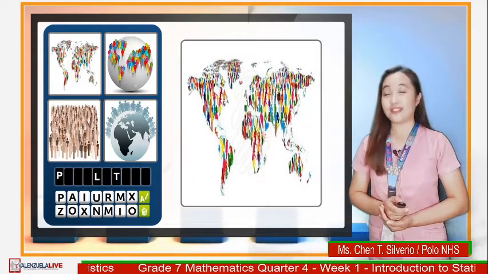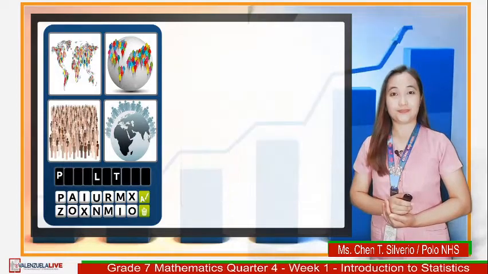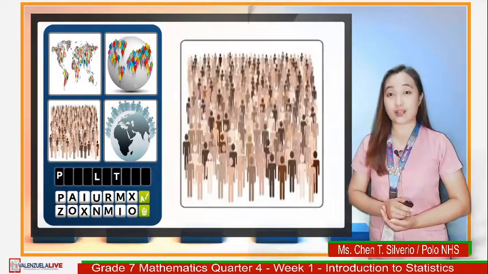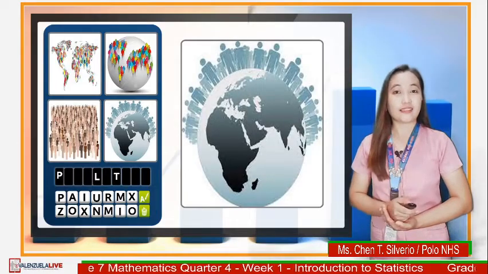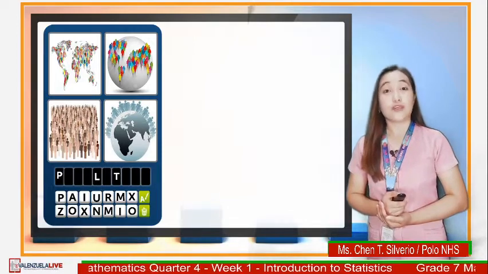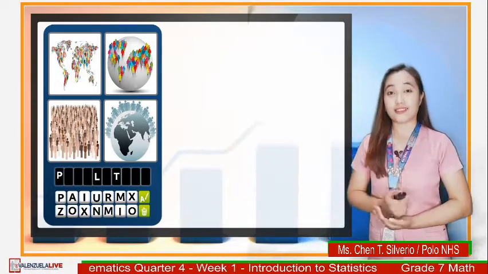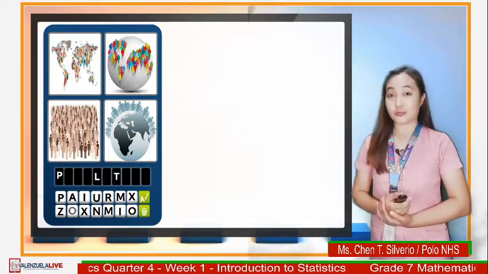Next picture. The third picture. And for the last one. Now, what do you think is our first word? If you already know the answer, you may comment it in our comment box. Let's reveal our first word.